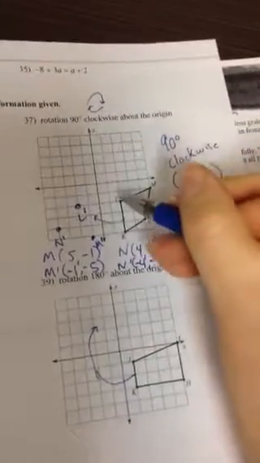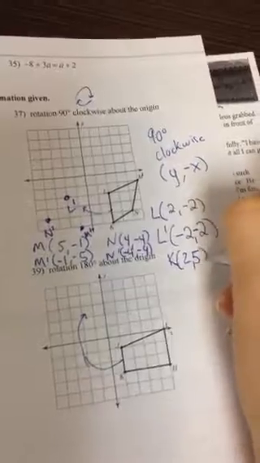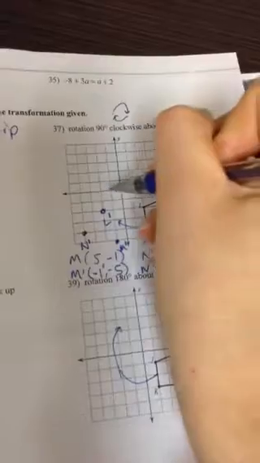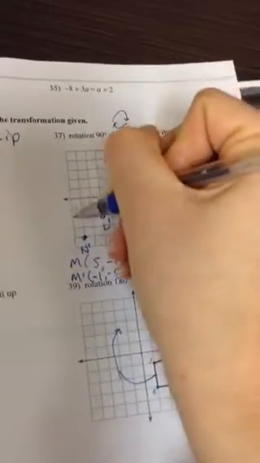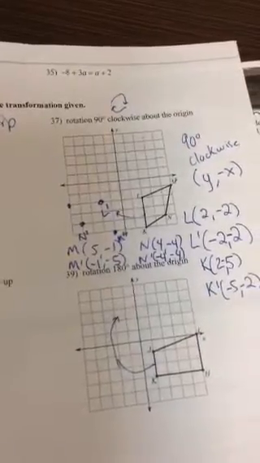And then my K was 2, comma, 1, 2, 3, 4, 5. And then my K prime, my y is going to switch, and then my x value is going to become negative. So it would be -5, -2. And that would be my K prime.